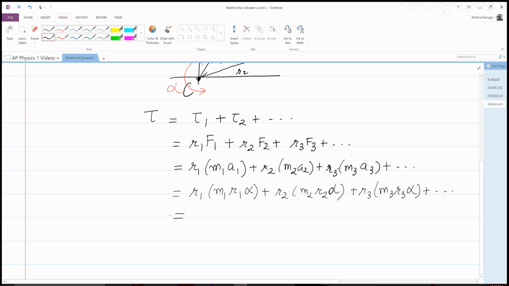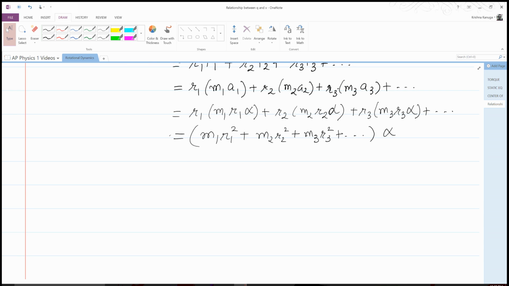Now here we can combine the r's and then factor out the alpha from everything else, and rewrite this as m1 r1 squared plus m2 r2 squared plus m3 r3 squared plus dot dot dot, all multiplied by alpha.